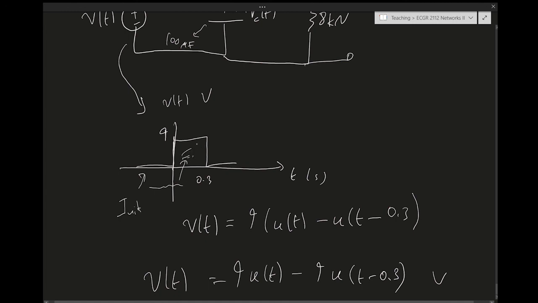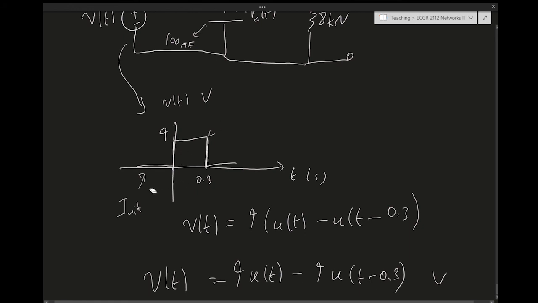You use the transient in this region to find out what the response is going to be at this other edge, at this other transient event, and then you use that value as the new initial condition, and then you find the transient in this region. Okay, so that's how you will solve this problem.